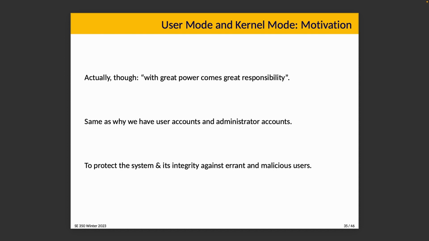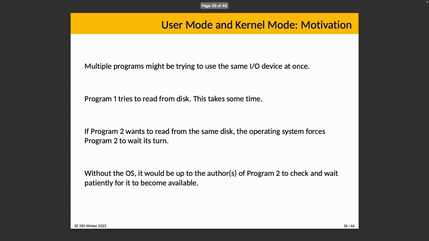So, yeah. There's lots of fun examples you could imagine if we didn't have this rule, right? Like if multiple programs are trying to use the same I/O device at once, if program 1 wants to read from disk, and this takes time, if program 2 wants to read from disk as well, the operating system forces program 2 to wait its turn.